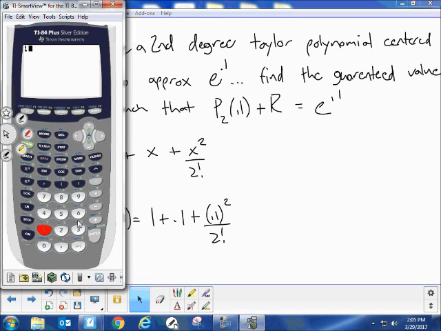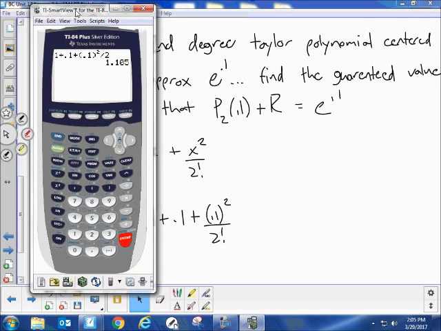So we got 1 plus 0.1 plus 0.1 squared over 2 factorial, which is just 2. Okay, 1.105, and that's the approximation of e to the 0.1. Look at that, pretty good approximation, good to the third decimal place.